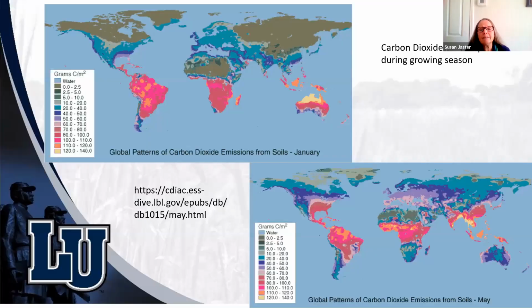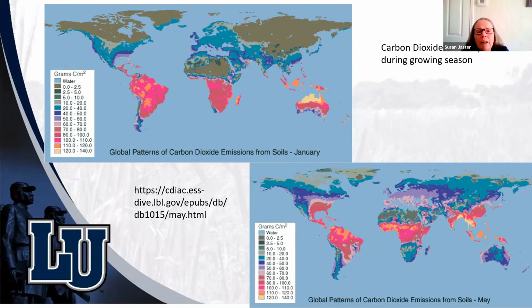Now, if we look at a global map of carbon dioxide emissions from soils, the top map is January. And the bottom map is May.